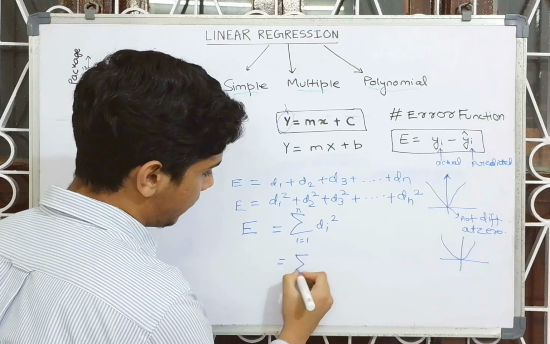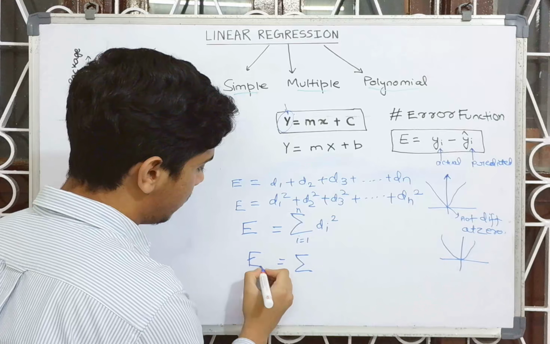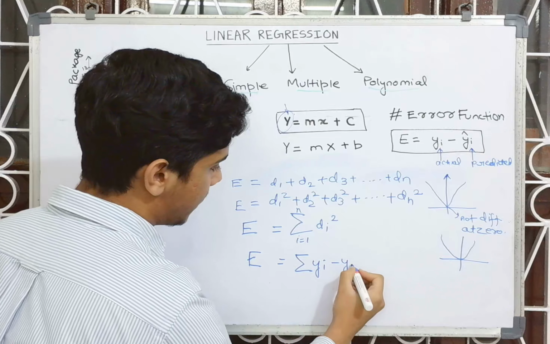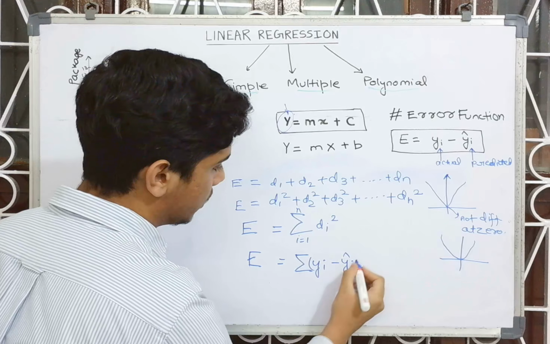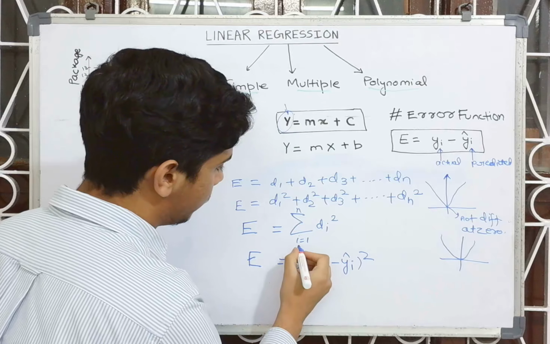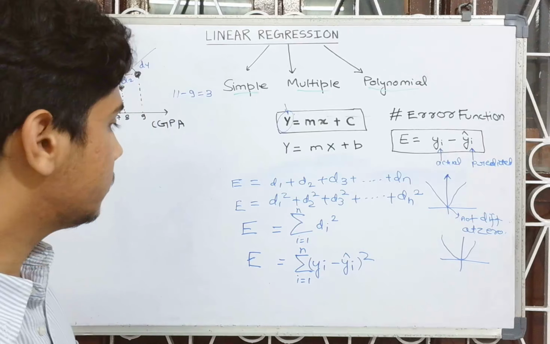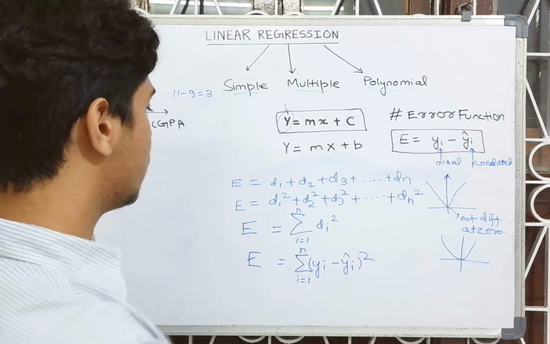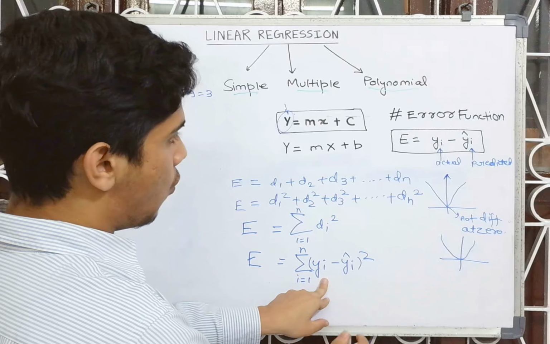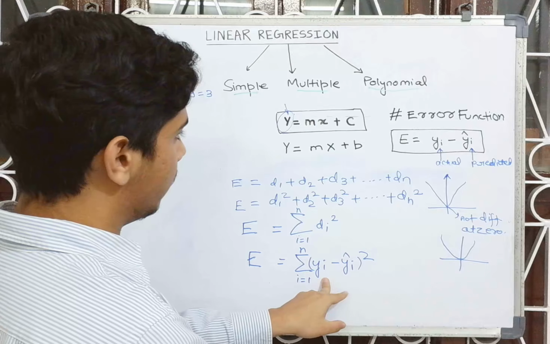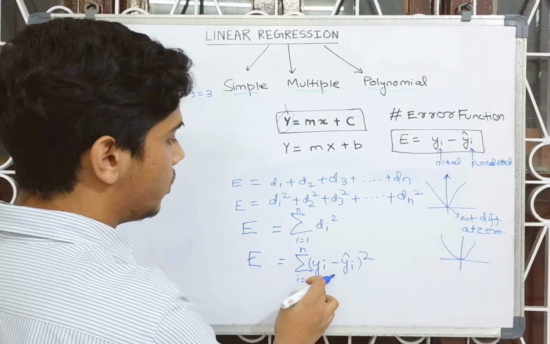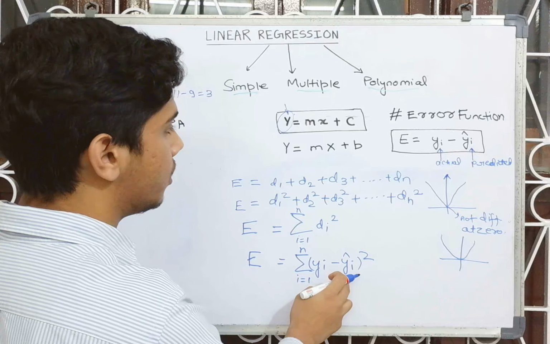So we can write the error E equals summation of yi minus yi cap whole square, i equals 1 to n. This is our error function. Where yi is the actual data and yi cap is the prediction we will make.